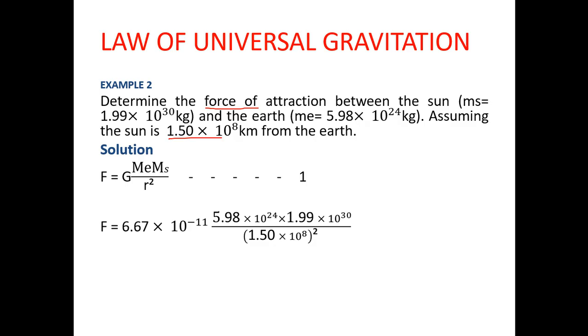So the next thing I would do is to substitute. For the value of G, I have substituted 6.67 times 10 to the power minus 11, times the mass of the earth, and this is the mass of the sun. Here in the denominator, we have r squared. The r is the distance of separation.